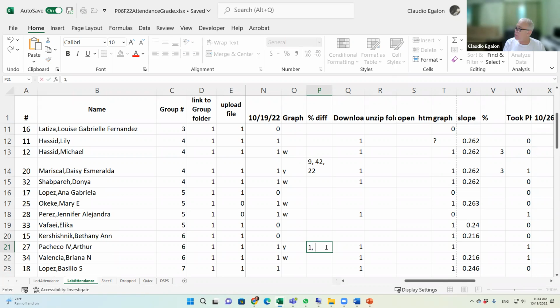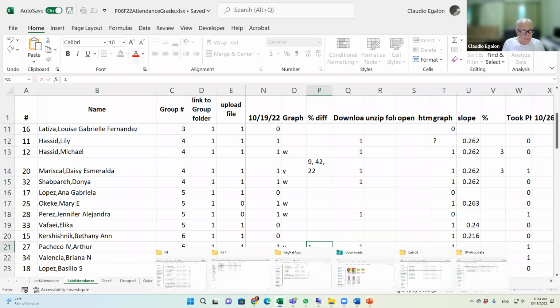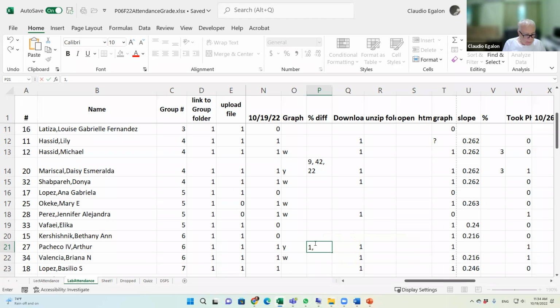Okay, what about the second one? The intercept, right? I'm talking about the intercept. And you are group number 6, right? So 3.7, not bad, right? 3.8, right? What about the slope of the second graph?